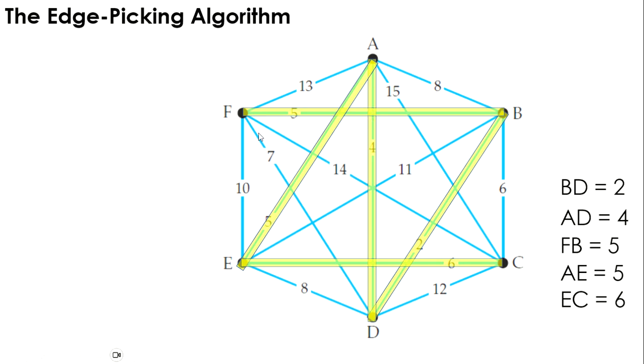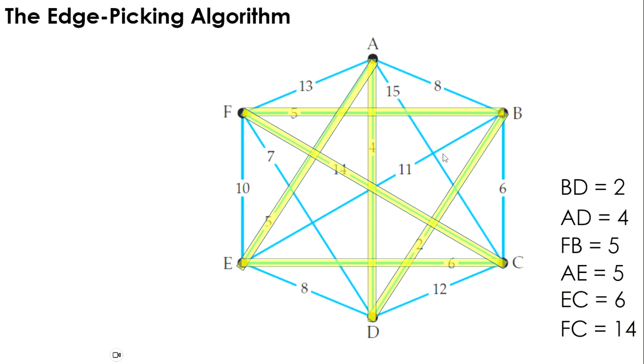Then for 14, I think there's no problem with 14. Okay, with CF or FC, since vertex F and vertex C will have 2 connections or 2 edges. So that's okay. Then for 15, last one, there will be 3 connections for A, so let's skip that.